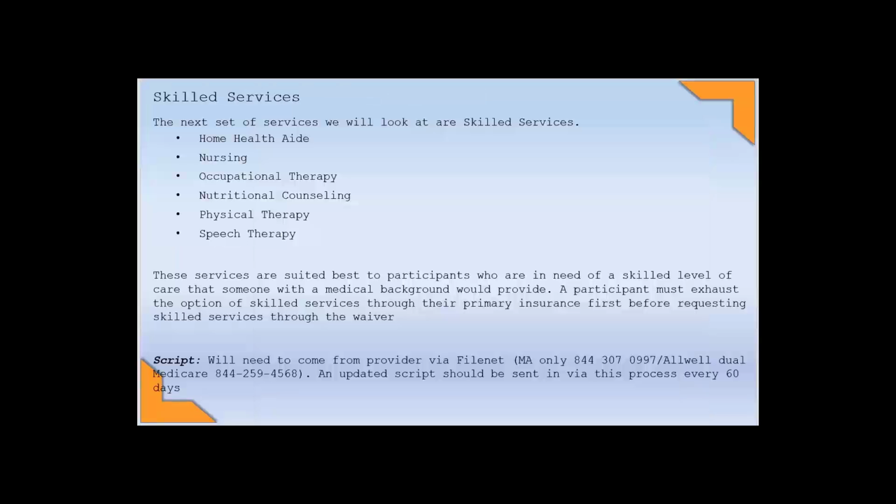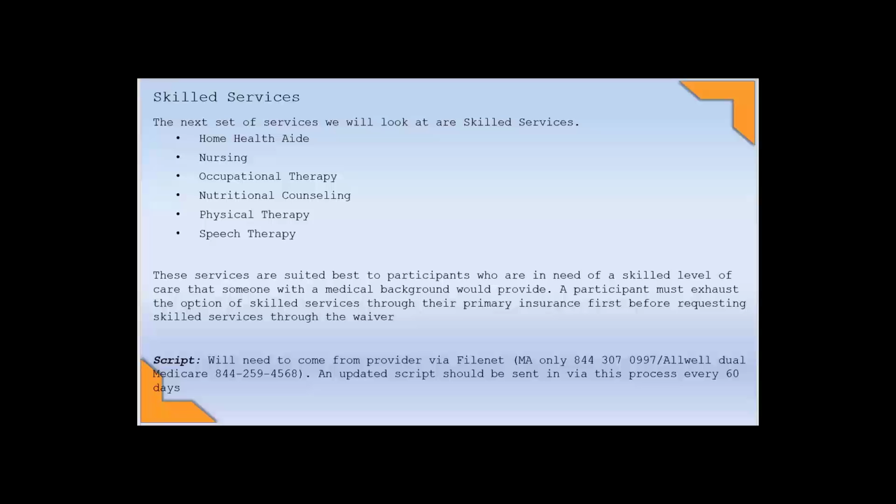I'm just going to go through skilled services just because it was kind of quick going through the last two, and then we'll ask for any questions after I go through this set. So these are skilled services: home health aid, nursing, occupational therapy, nutritional counseling, physical therapy, speech therapy.